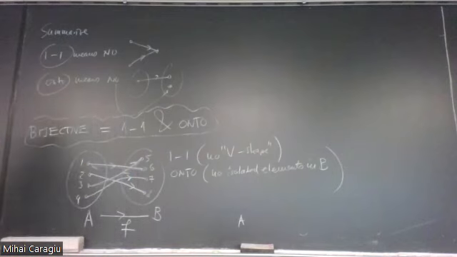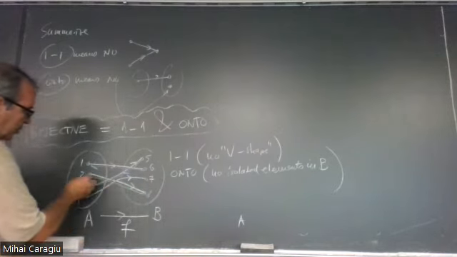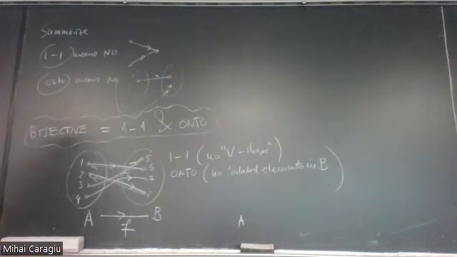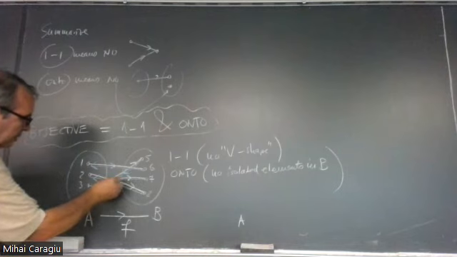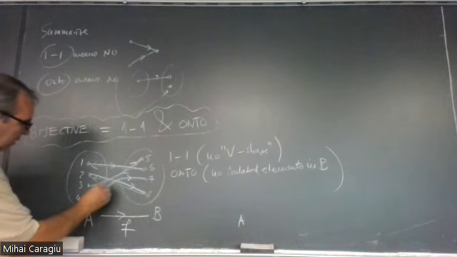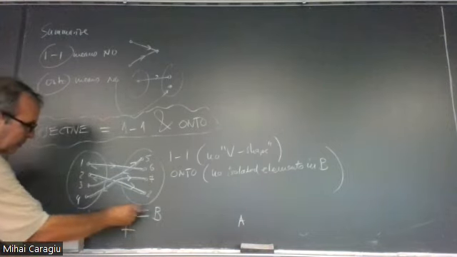Let's reverse the arrows and do the reverses in blue. Reverse this arrow, 8 will be mapped into 2, and reverse this arrow, 7 will be mapped into 4. So reversing the arrows produces a function from B to A, which I'll denote in blue.